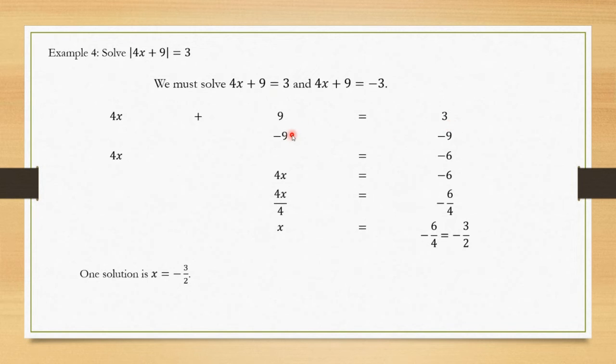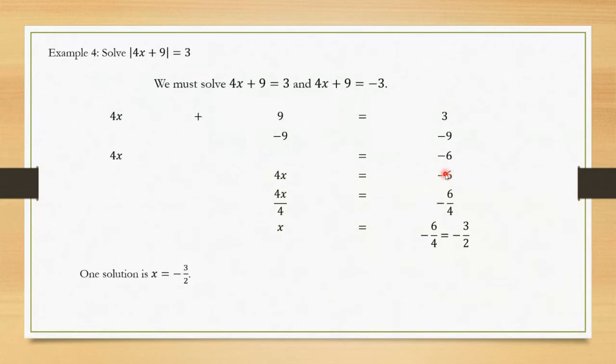Whatever you do to one side, you do to the other. So we have 4x equals negative 6, as you can see.